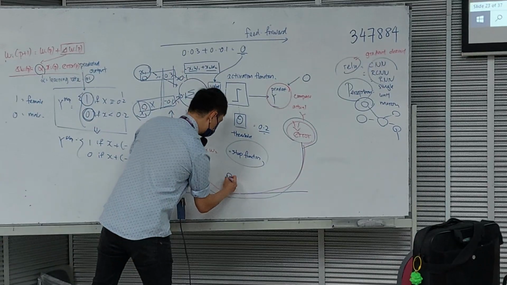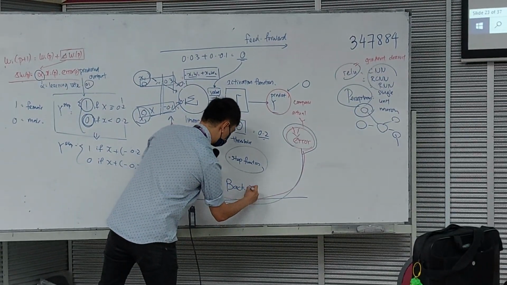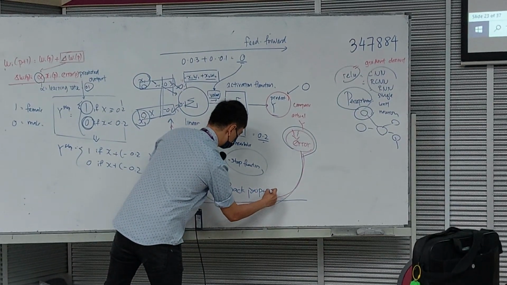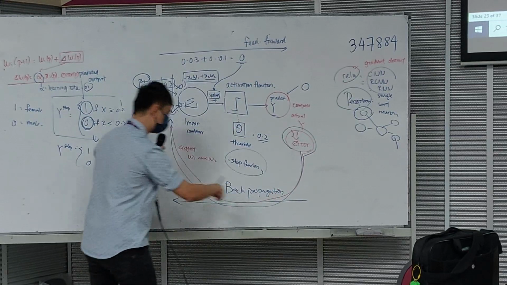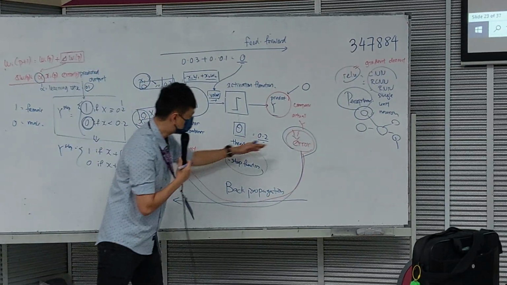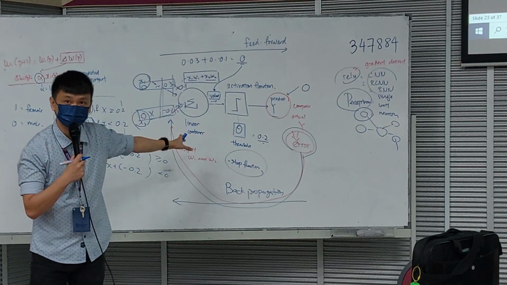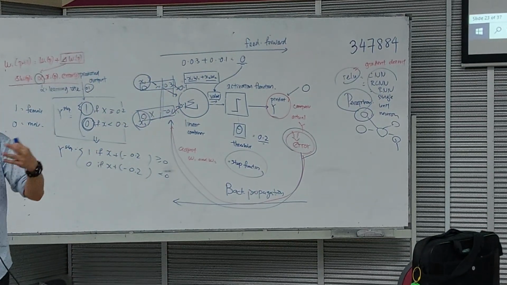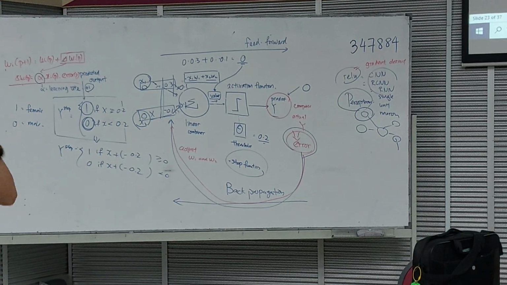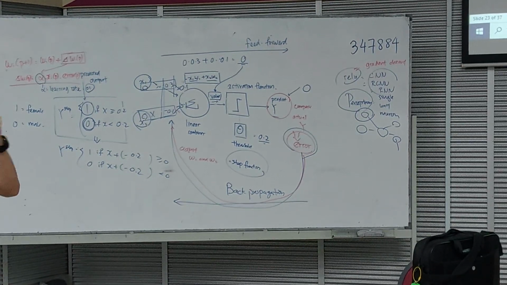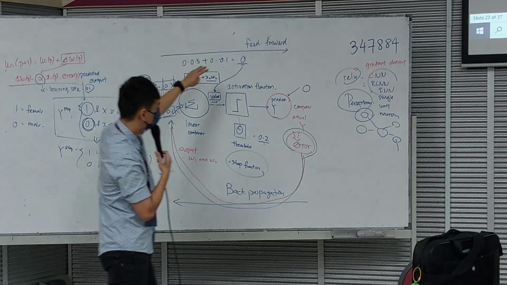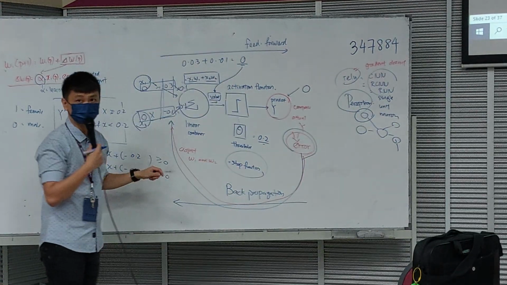It's called back propagation. What is the purpose of back propagation? It is to send this error back to here and update your weight 1 and weight 2. So during the training process, the artificial neural network includes two steps. The first step, feed forward, and the second step, back propagation.